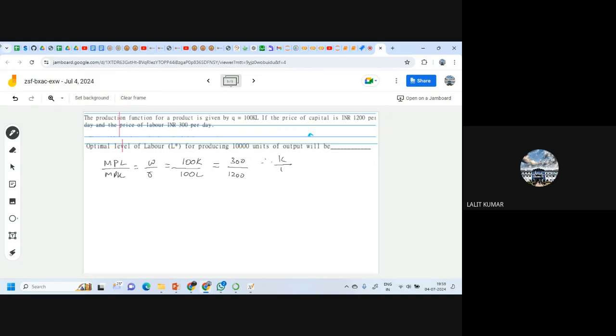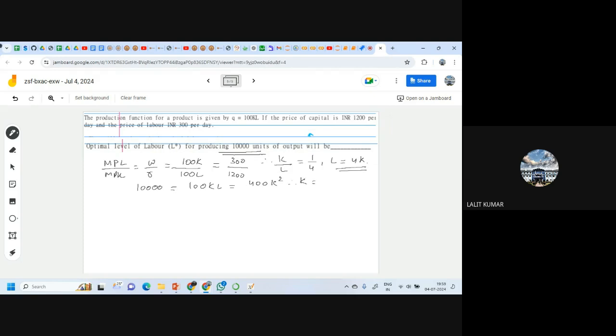Therefore, K by L is equal to 1 by 4, or we can write L is equal to 4 of K. Now they are asking what is the optimal level of labor for producing 1000 units. So this we can put in. This will become 10,000 is equal to 100 KL. We will replace L, so this will become 400 K square.